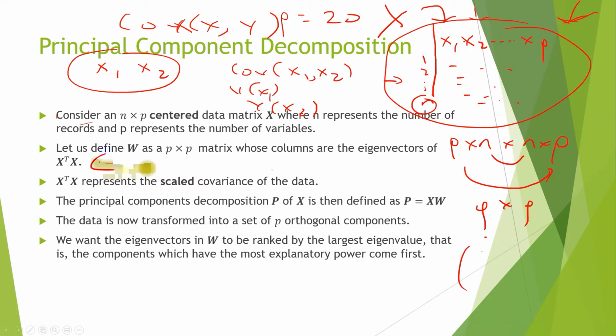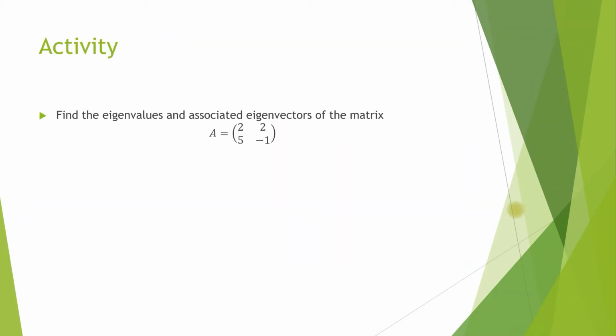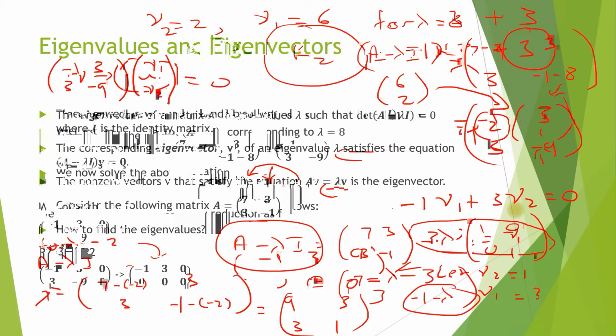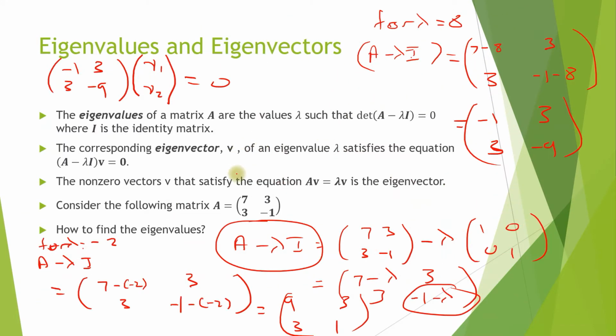Having obtained this covariance matrix, the next step is to find the eigenvectors of that covariance matrix. Let's suppose you remember the example that we took here. Let's suppose this was a covariance matrix, our X transpose X, which we define as A. What we want to do is to find the eigenvectors of that matrix.